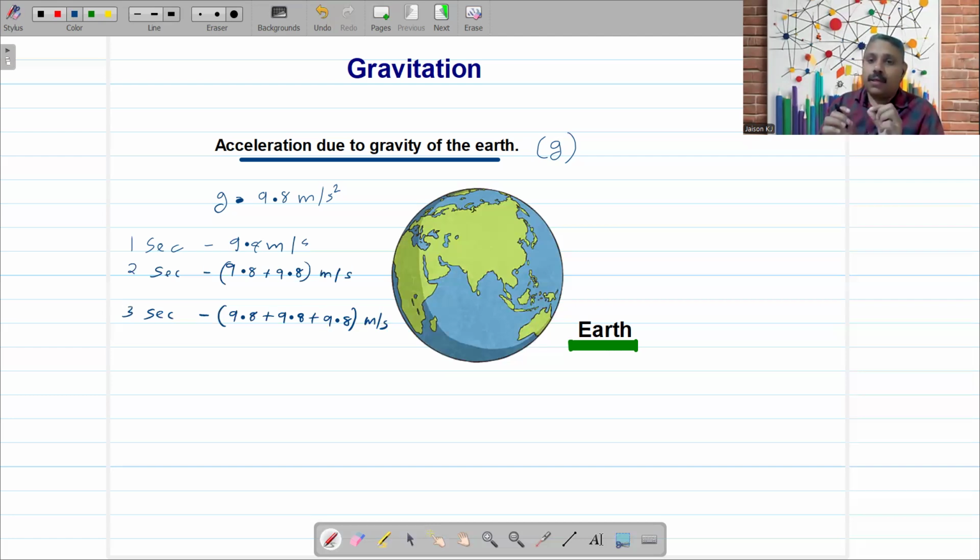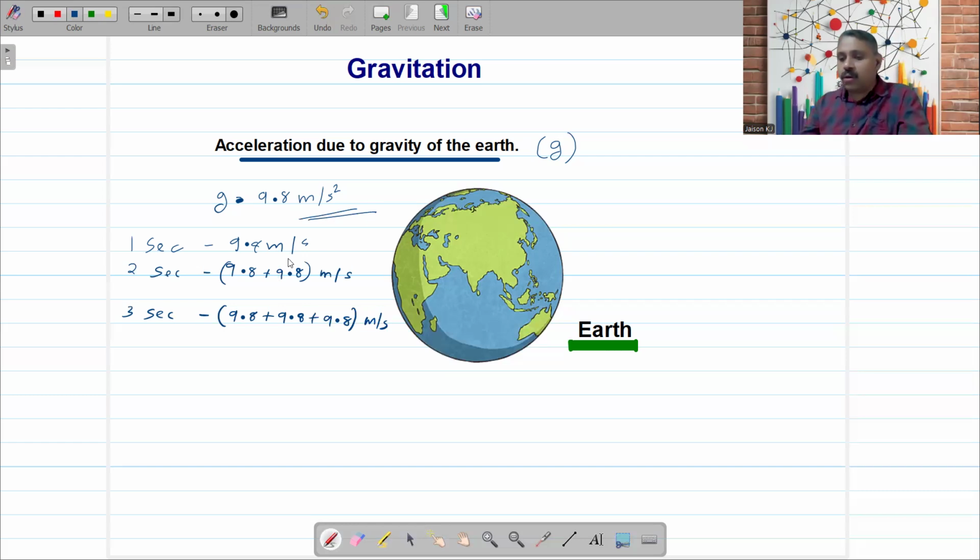It means that each second the velocity is increasing at the rate of 9.8 meter per second. That is the meaning of the acceleration due to gravity. So acceleration due to gravity of the Earth is 9.8 meter per second square. I hope everyone understood, right?